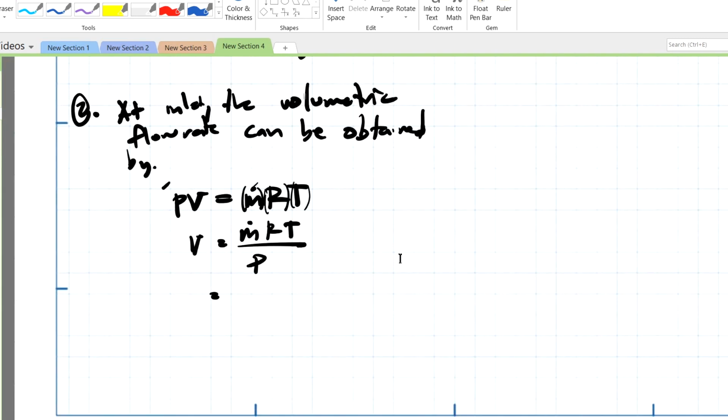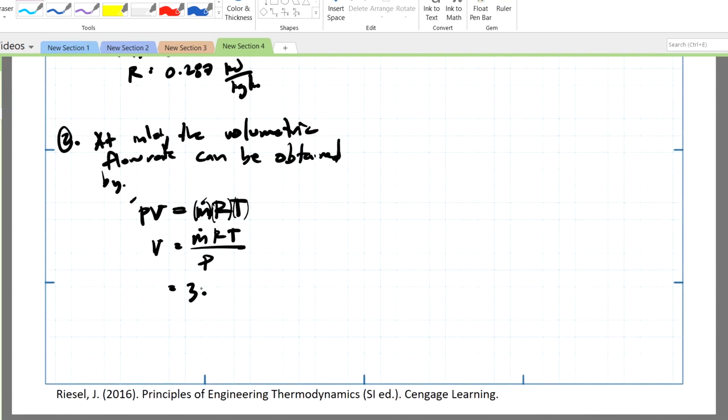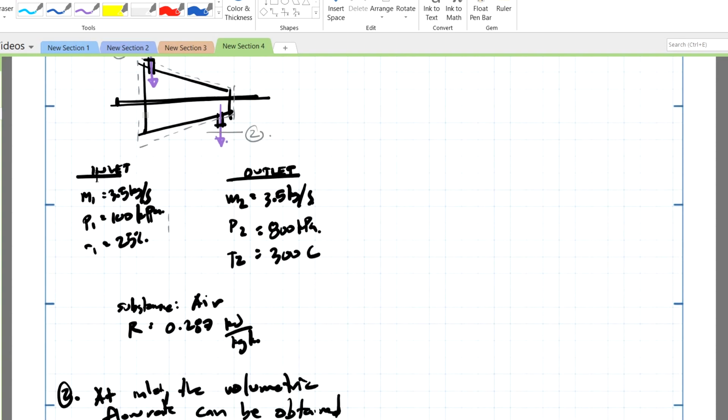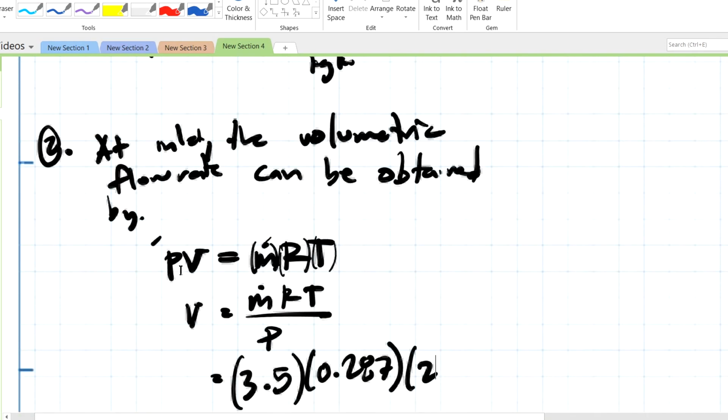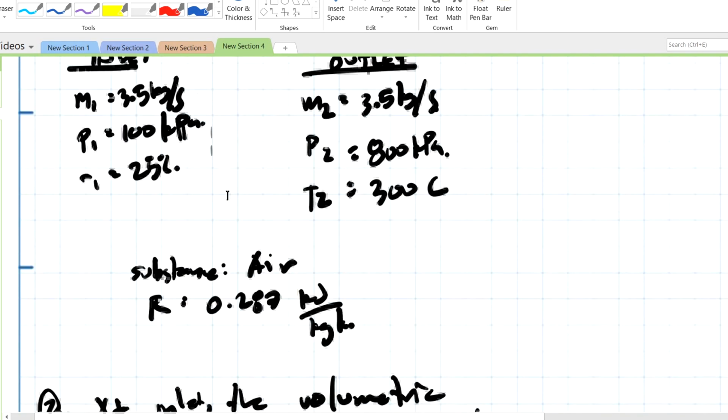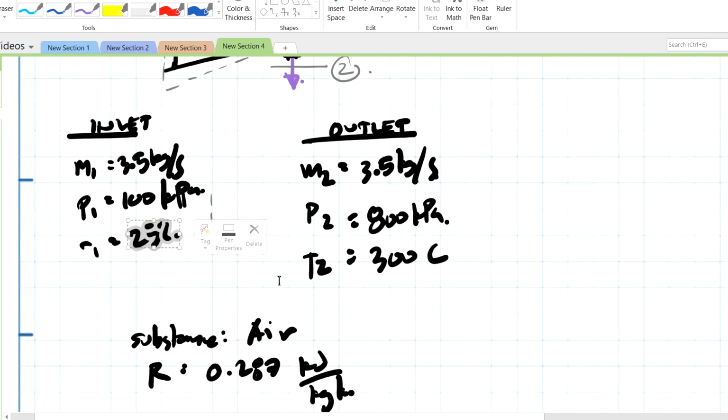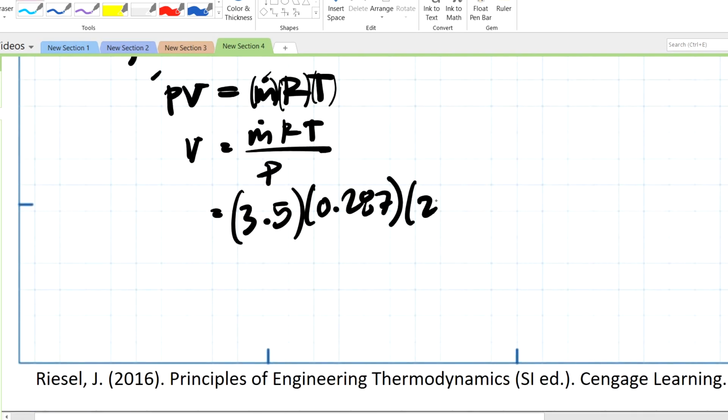Substitute the values. We have 3.5 kilogram per second, and then 0.287 and 298. So 25 plus 273. The temperature should be in Kelvin. So 25 degrees C plus 273 is 298 Kelvin.